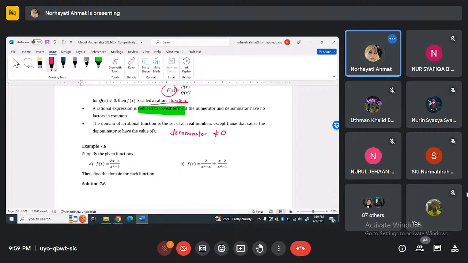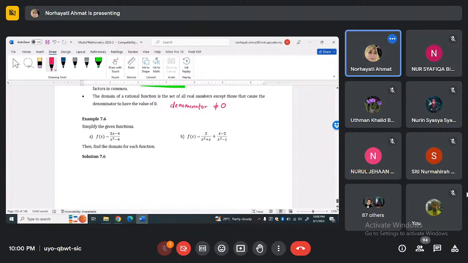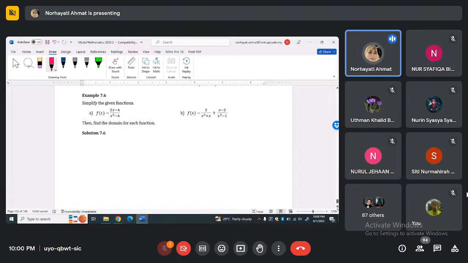Okay, so tak apa. Kita cuba buat example 7.6. Okay, simplify the given functions. Okay, and then find the domain of each function. Okay, we have two functions. Okay, let's discuss the first one. Okay, how to simplify? Means we need to reduce the degree of numerator and denominator, or we need to eliminate the common factor of numerator and denominators.